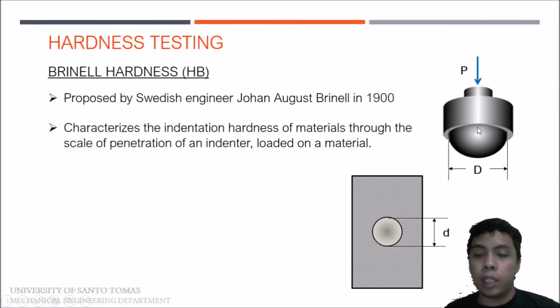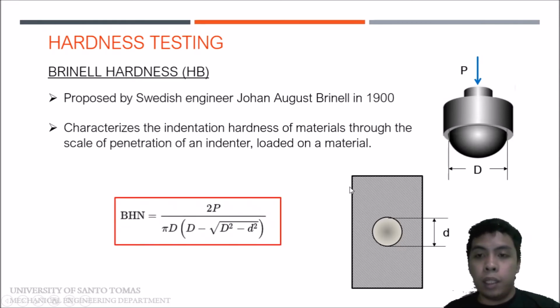So, ito yung example of an indenter na ginagamit natin for Brinell hardness. Meron kang spherical indenter na nilulubog sa piece metal. So, big D will be the diameter of the indenter size, and small d for the diameter ng indention.